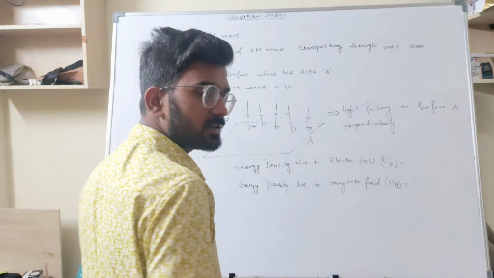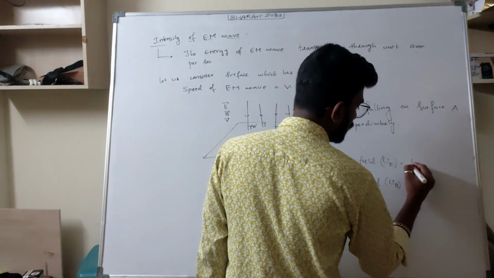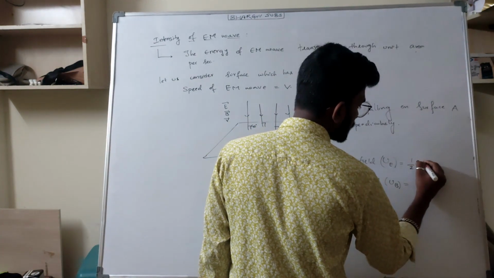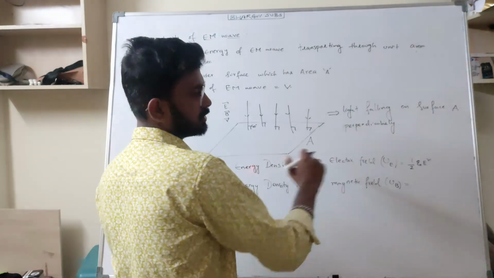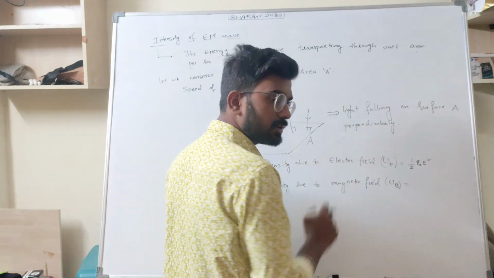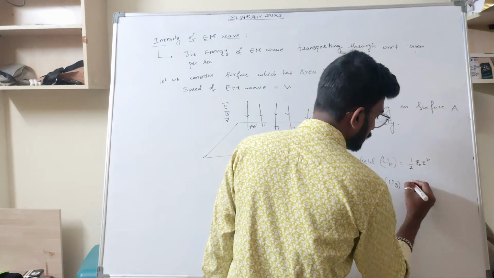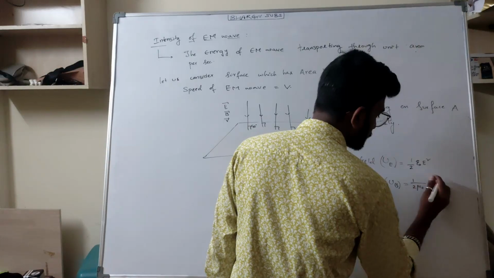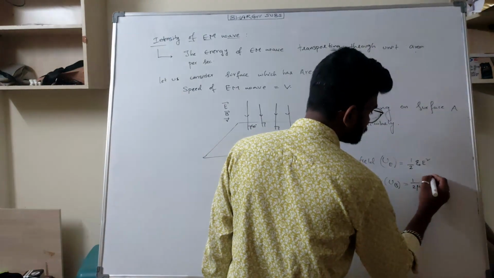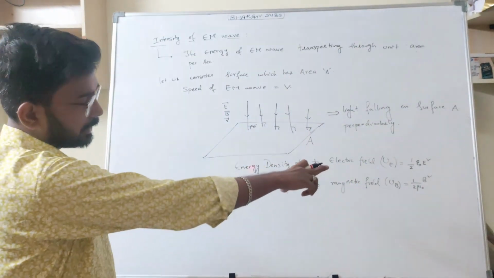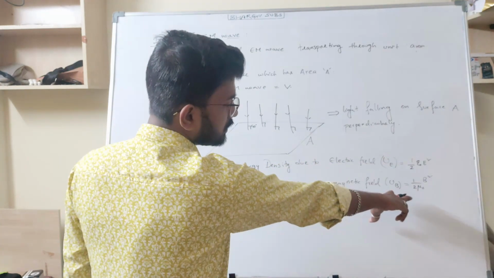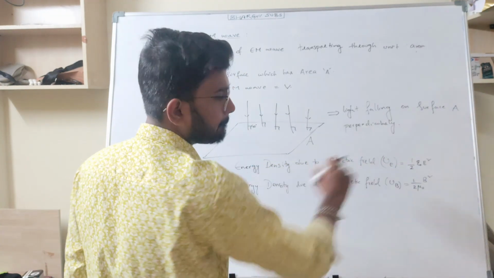So what is the energy density here due to electric field? Half epsilon naught E square. So it is the energy density due to electric field. What is the energy density due to magnetic field? 1 by 2 mu naught B square. Okay, half epsilon naught E square is this one, like 1 by 2 mu naught B square.